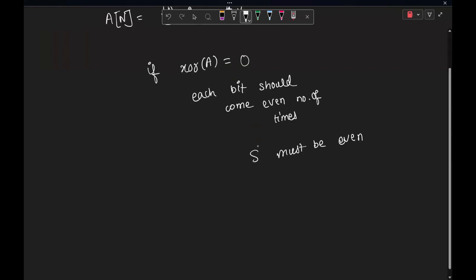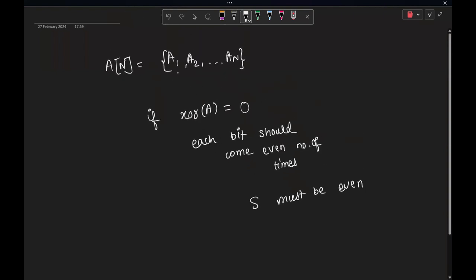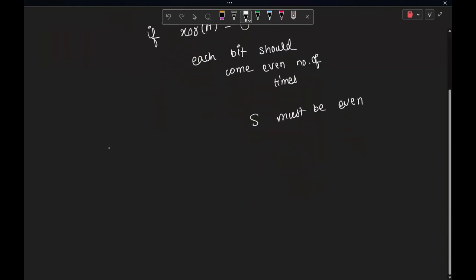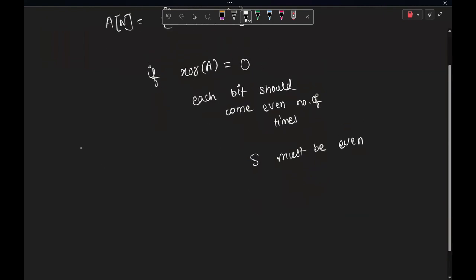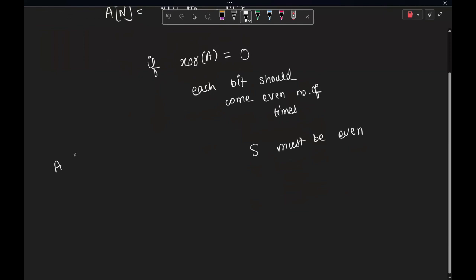Whether S is even or odd depends upon how many elements in the array A are odd. If A_i is odd, then the 0th bit in A_i is set.